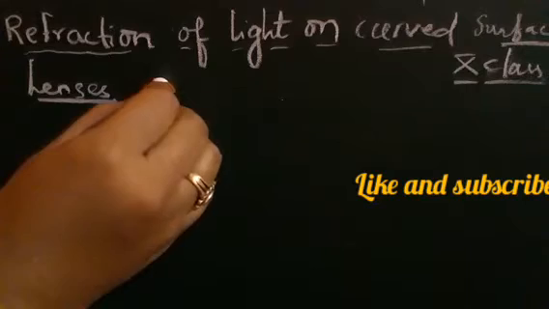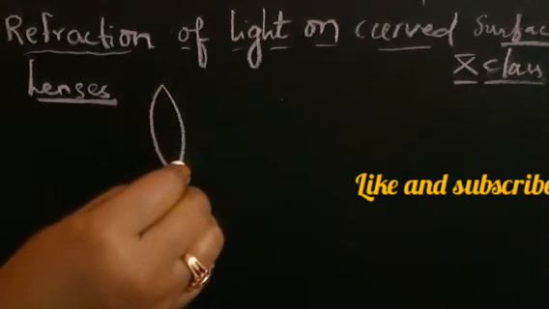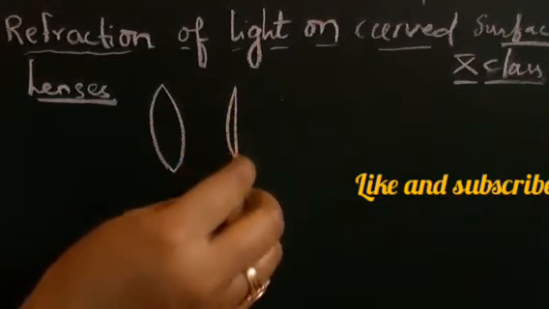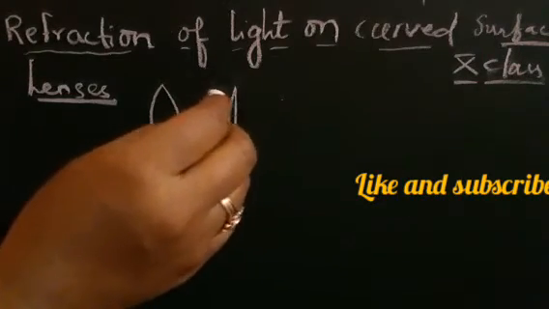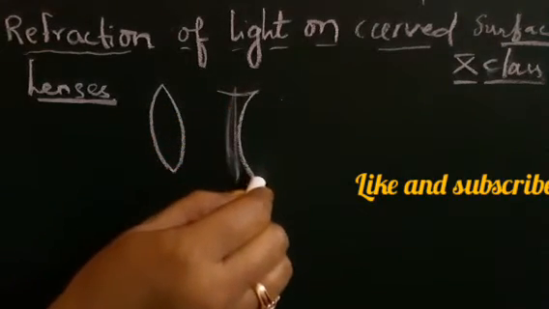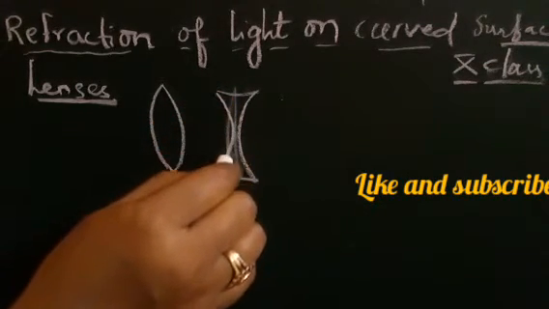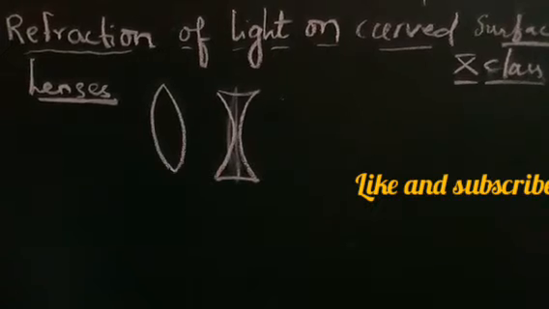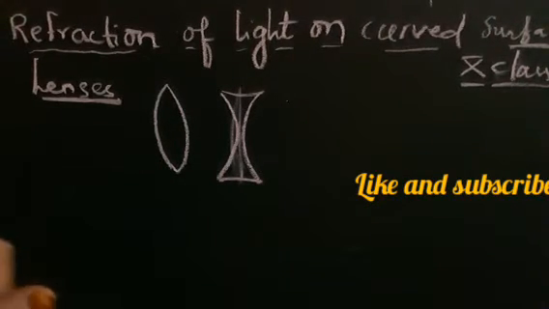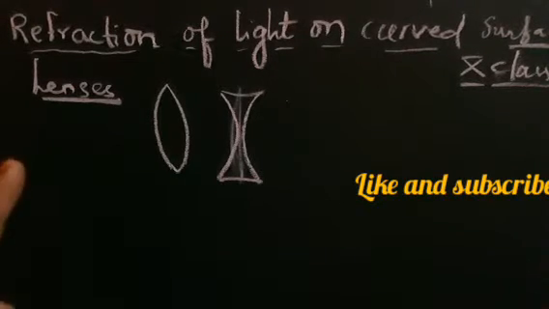So a lens is bounded by at least one curved surface.